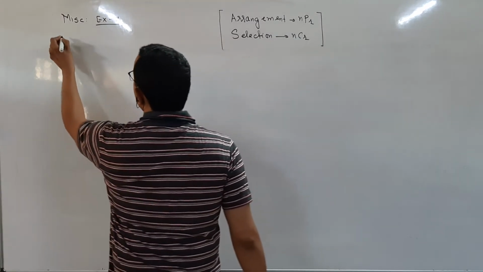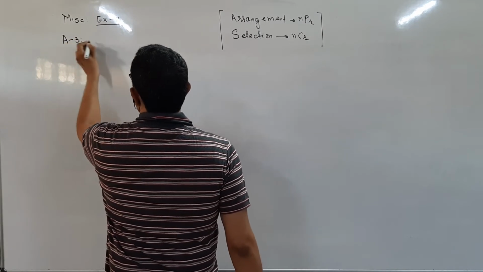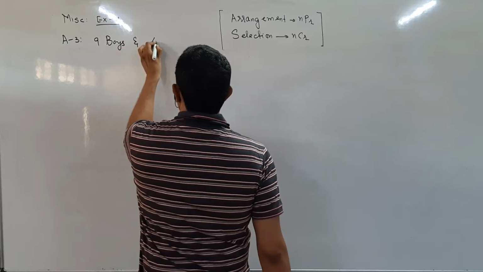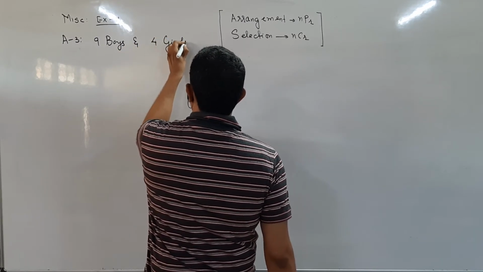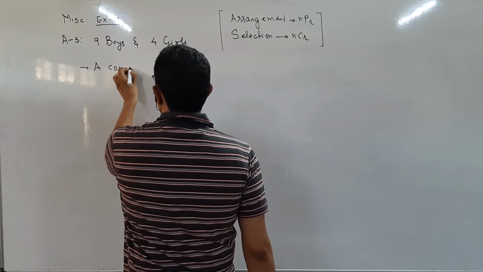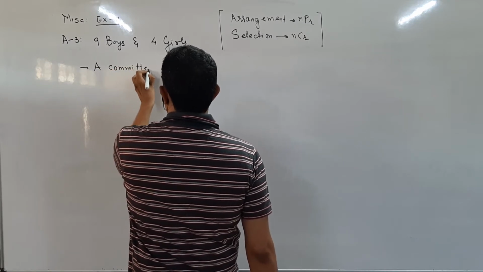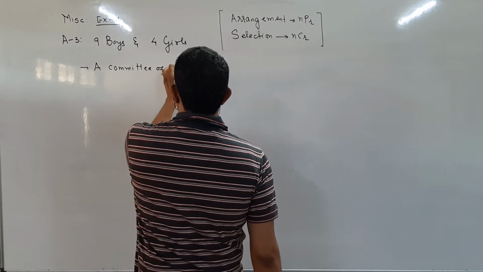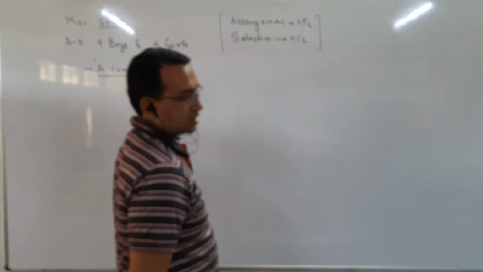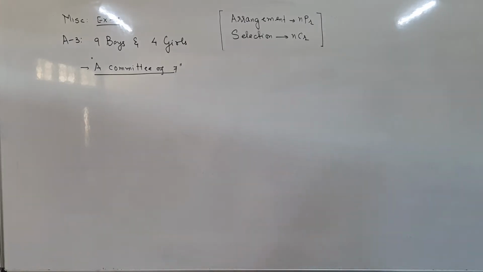Data collection is very important. A committee of 7 is to be formed based on the given criteria. In how many ways can that be done?